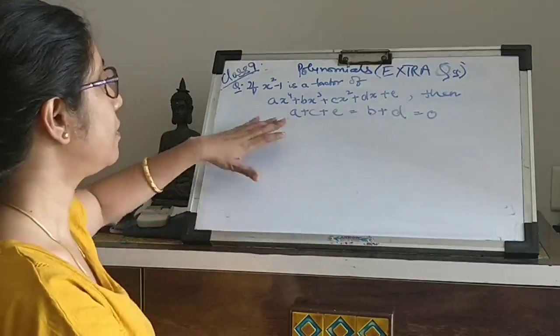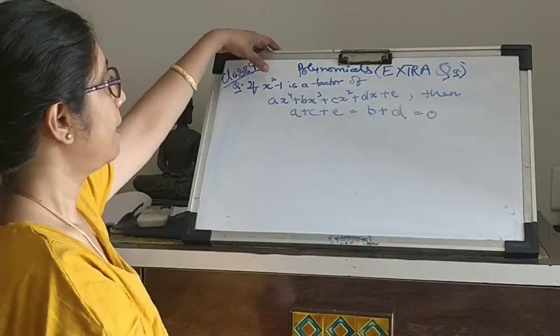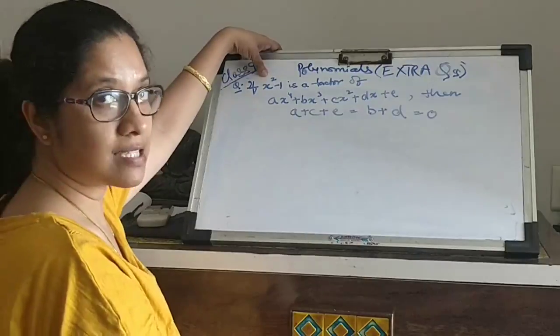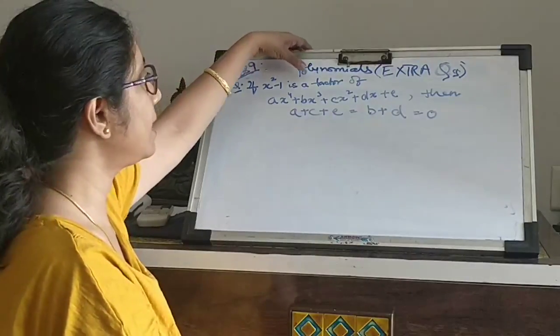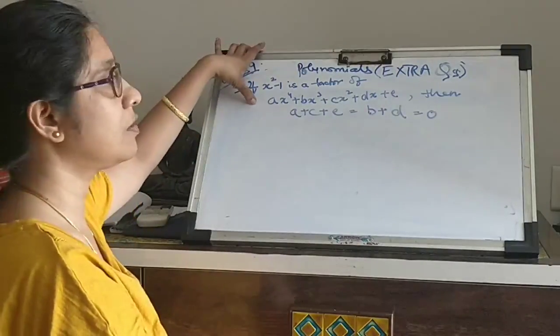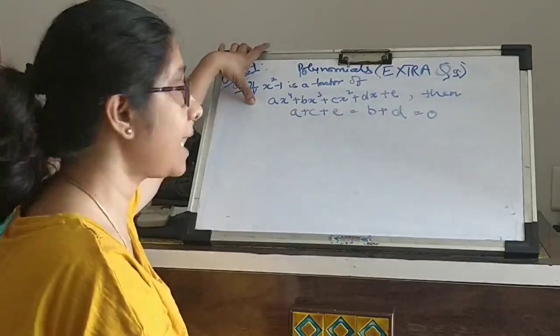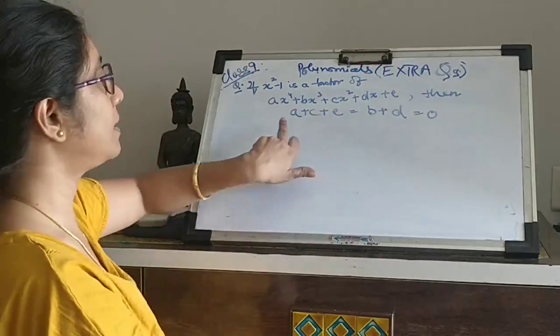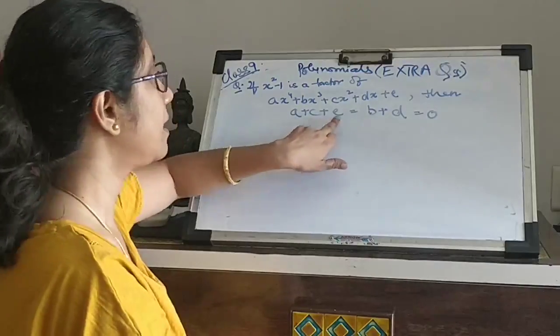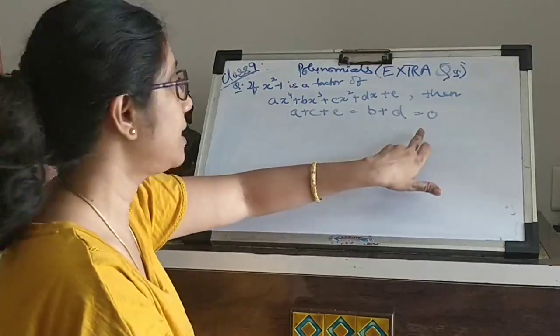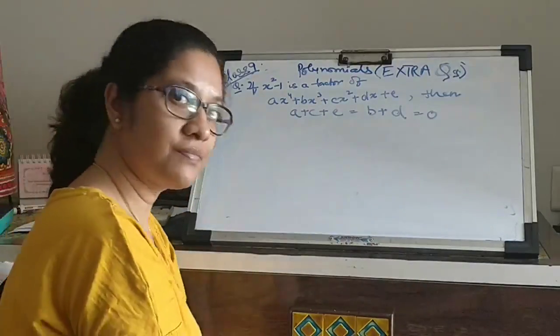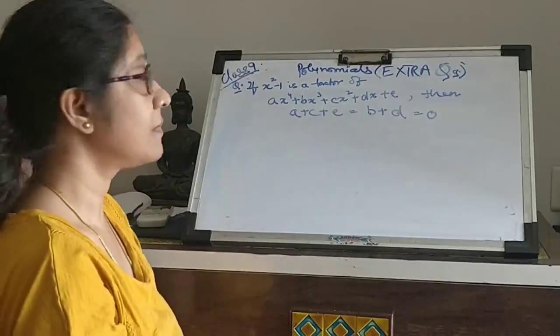Okay, what do we have to prove? Given x square minus 1 is a factor of the polynomial px, assume this is px, we have to show that a plus c plus e is equal to b plus d equals 0. Okay? Let's start.